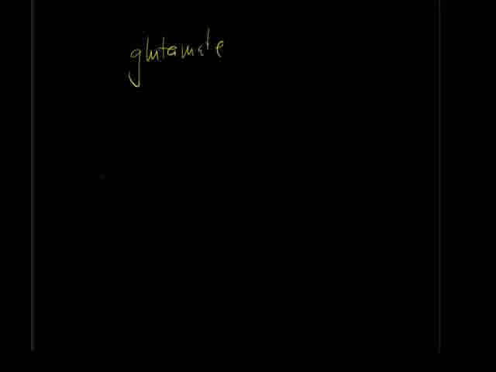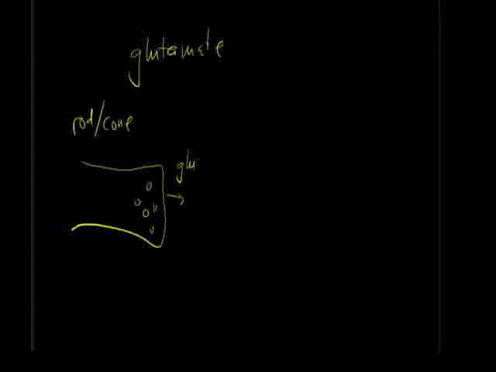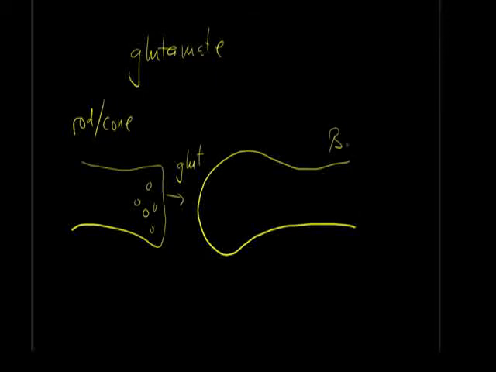So you've got the photoreceptor, whether it's a rod or a cone, they all release glutamate. The bipolar cell can respond to this with excitation or inhibition.